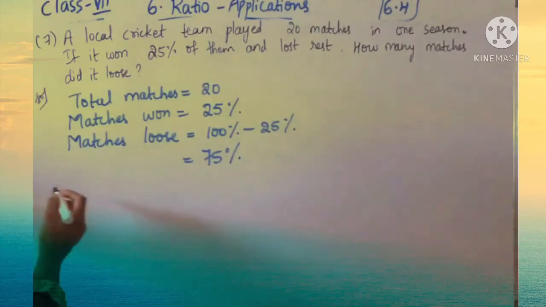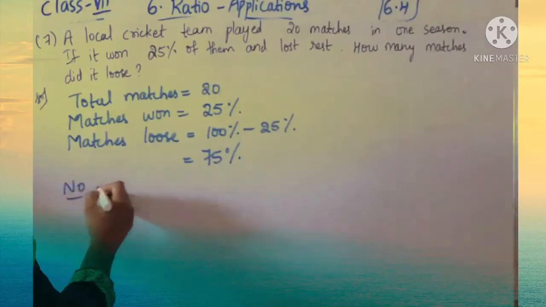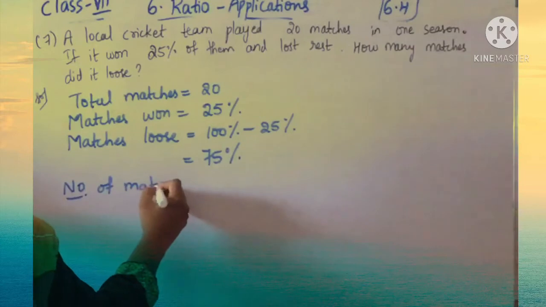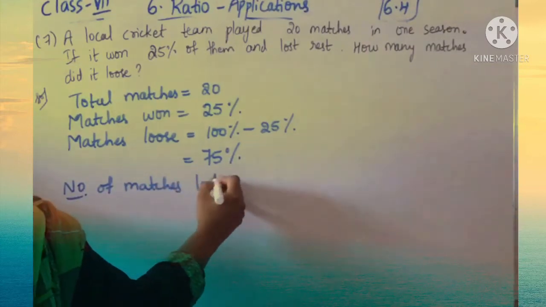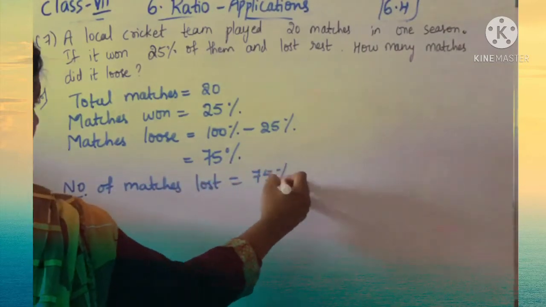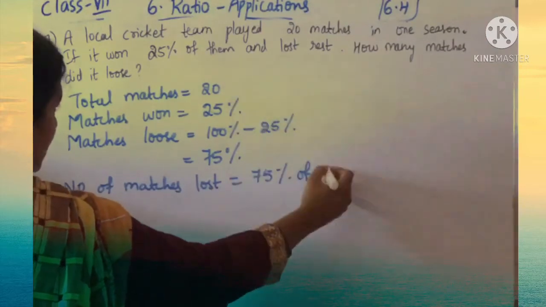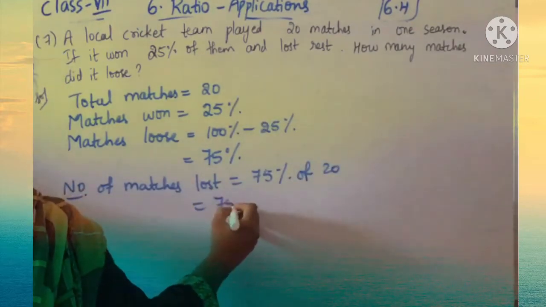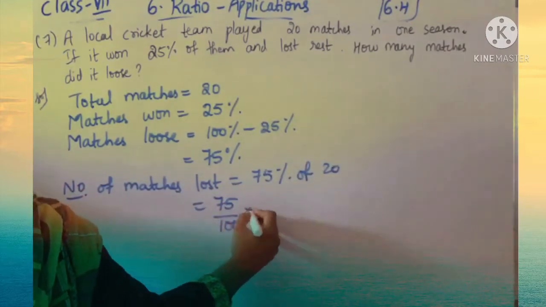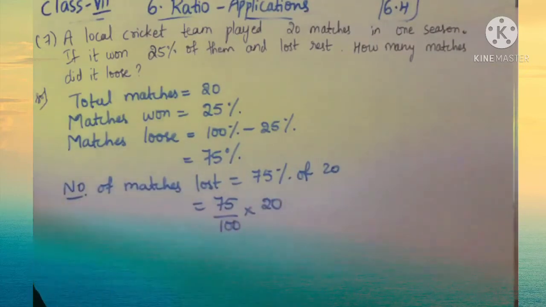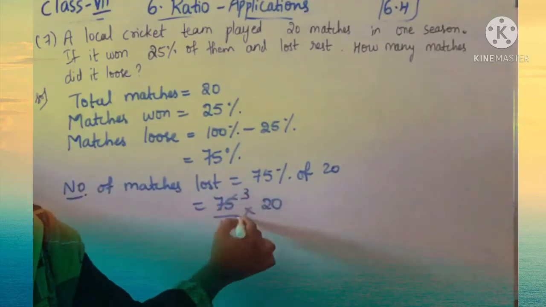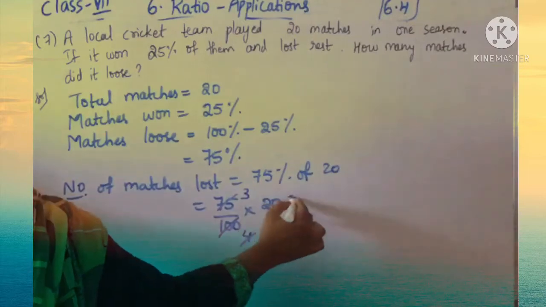Here they are asking how many matches were lost. So the number of matches lost is nothing but we need to find 75% of 20. Here 75 by 100 into 20. You know 25 3s are, 25 4s are, 4 1s are, 4 5s are.